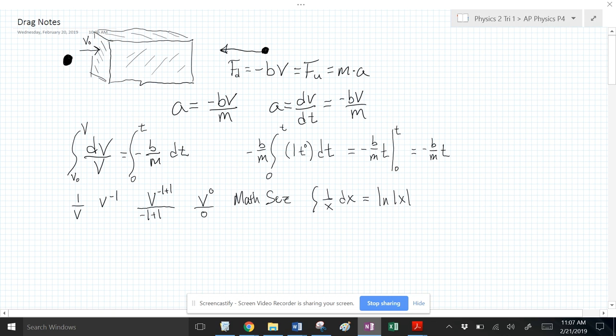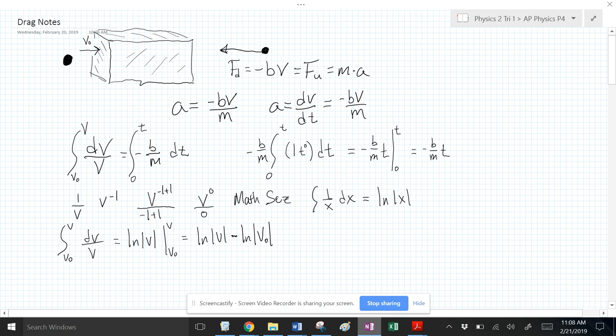In our case, from v naught to v, we've got 1 over v dv, and so that's going to become the natural log of v, which we want to evaluate from v naught to v. So that's going to be the natural log of v minus the natural log of v naught.